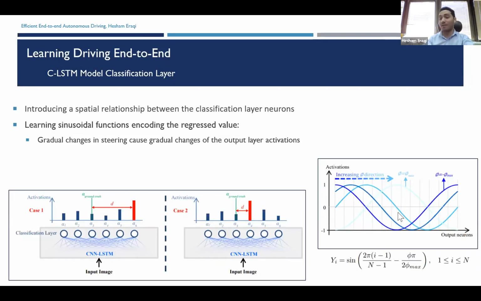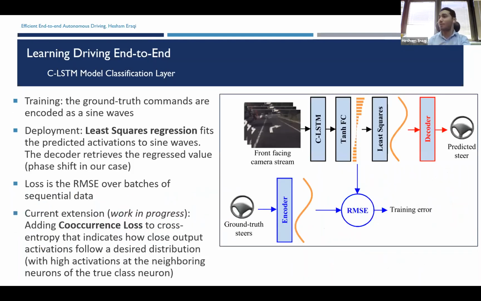regressed, and learning it that way is imposing spatial relationship between the output layer neurons and copes with the 2 drawbacks that are mentioned. The equations and all of the details associated with this method are available in the papers we published. For this, you need to add an encoder and a decoder during training and testing time respectively.